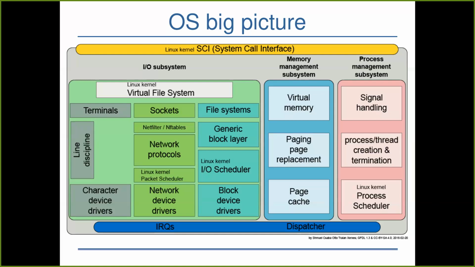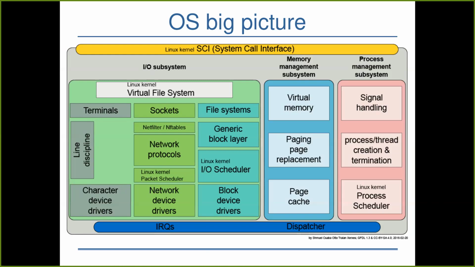There are different ways to treat your devices, right? In Linux, or in Unix in general, there's a concept that everything is a file. Everything is treated as a file. Your partition is treated as a file, your entire storage device is treated as a file, even your terminal is a file.